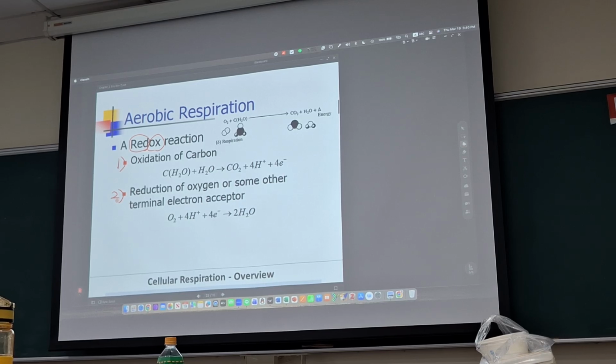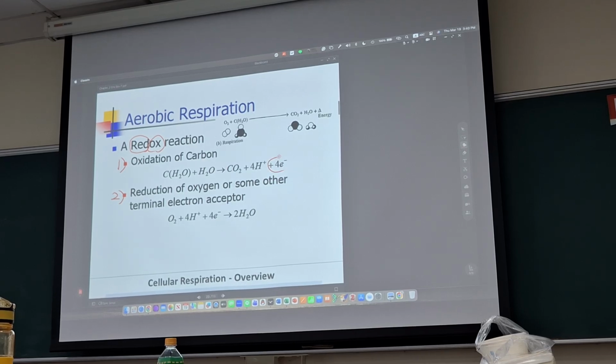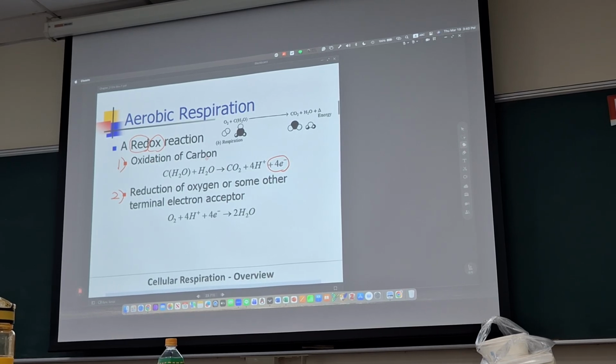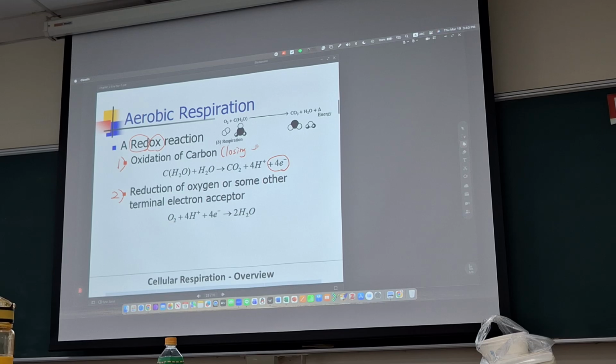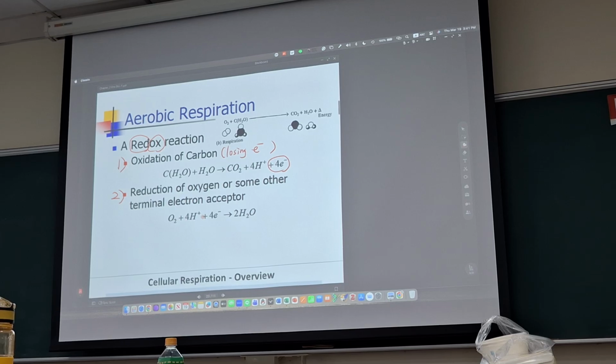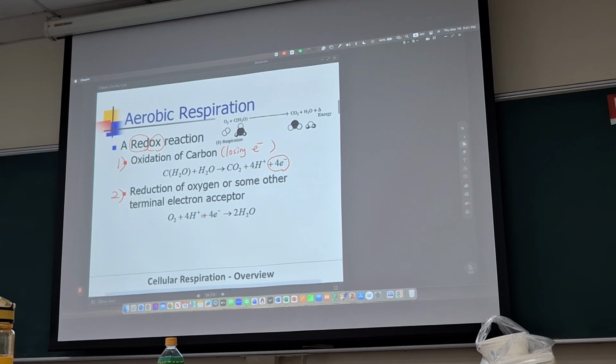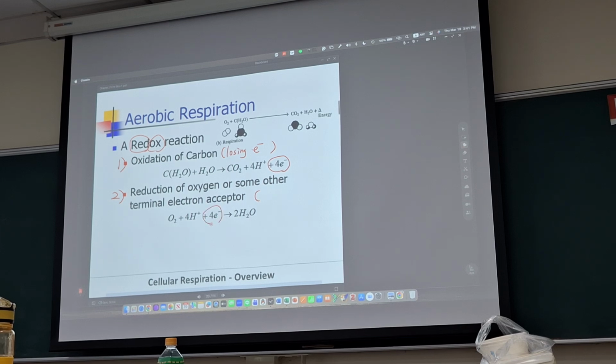So oxidation includes oxidation of carbon. The reason it's called oxidation is because it is losing electrons. Oxidation of carbon, you lose electrons, right? And in opposite, reduction means gaining electrons.